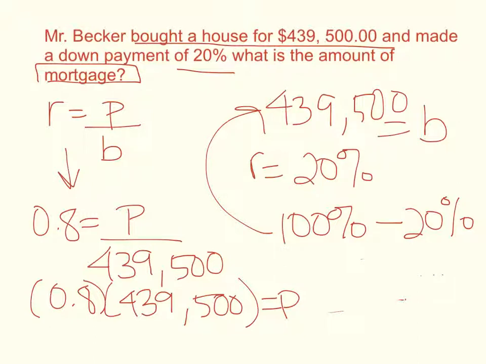So what we actually get when we multiply this together is our part is equal to $351,600.